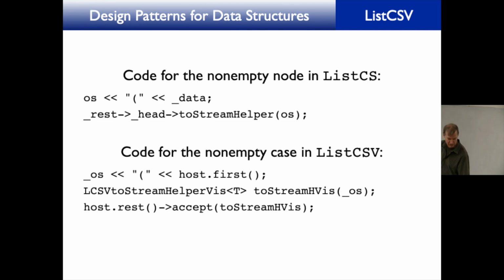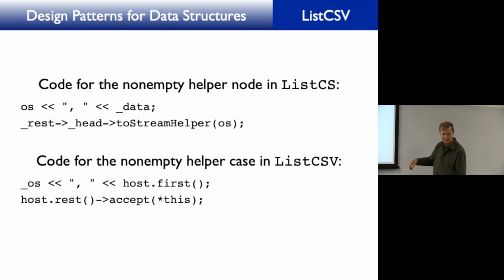And then here's the code for the non-empty helper in list CS: we streamed the comma followed by underscore data, and then we called rest._head arrow toStream helper. Here's the code for the helper case for the list CSV. Instead of streaming underscore data, we stream host.first, and when we call the helper, we can just call this same helper by accepting star this.